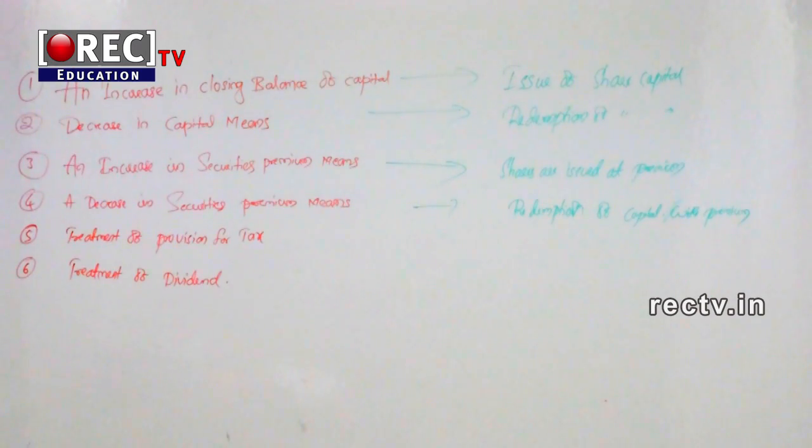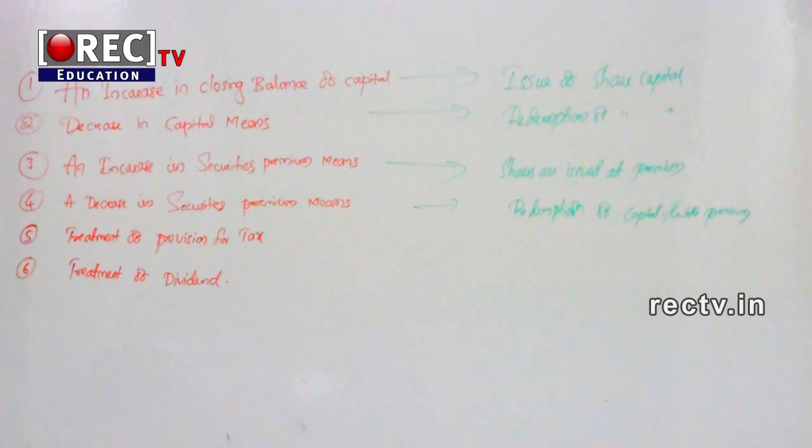Likewise, we have the treatment of dividend. When the opening dividend and closing dividend are given but paid is not given, it is the same as the treatment of provision. In this situation, the opening balance you take as paid, and the closing balance you take as the current year proposed dividend.